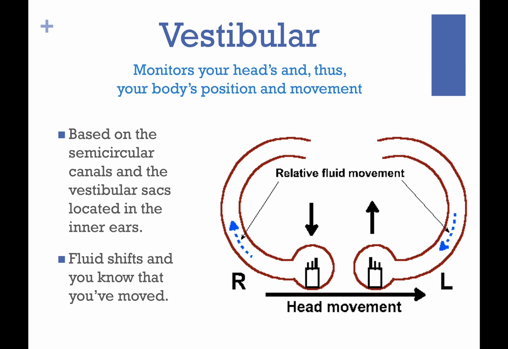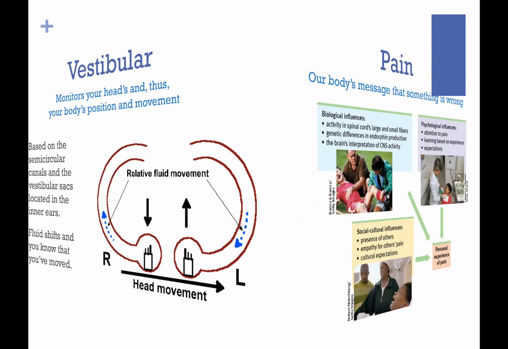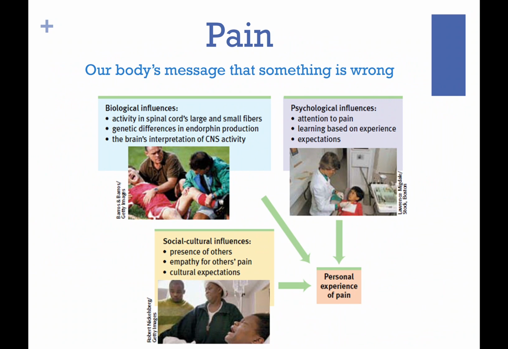If you lay down on the side of your head, say on the left side of your head, well, now that fluid has shifted and moved, and because of that fluid movement, your brain can detect that you are now in fact laying down and you're not standing upright. If you were to lay flat, bend over flat, lay on your back, lay on your right, lay on your left, the fluid shifts in your brain much like a level, but that bubble can detect that your body position has changed. Think of it that way, and that's an easy way to remember it.